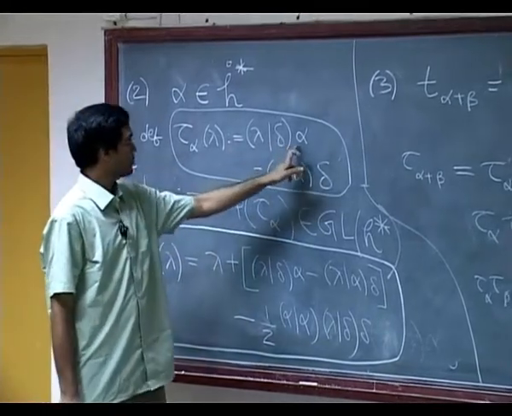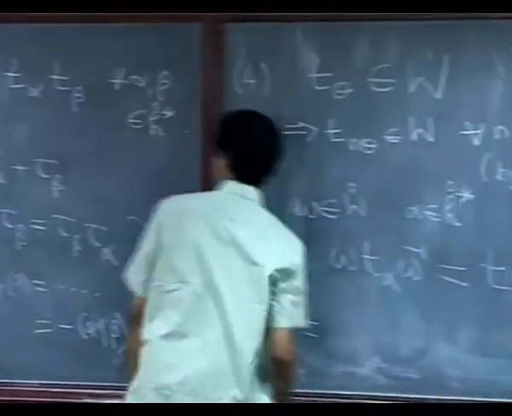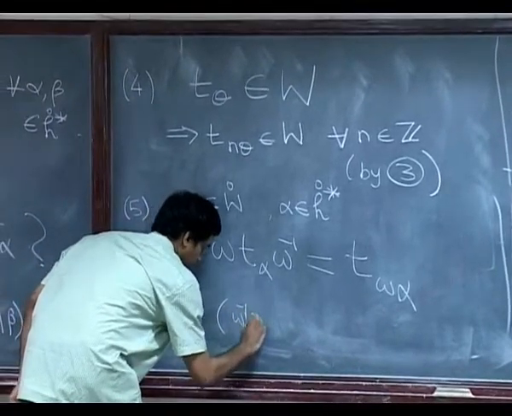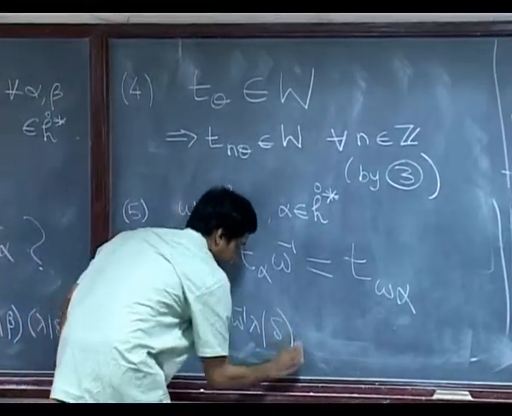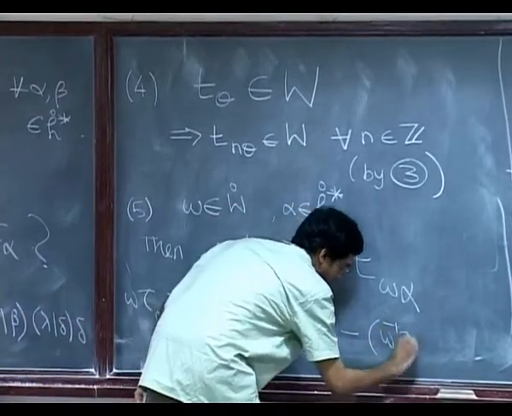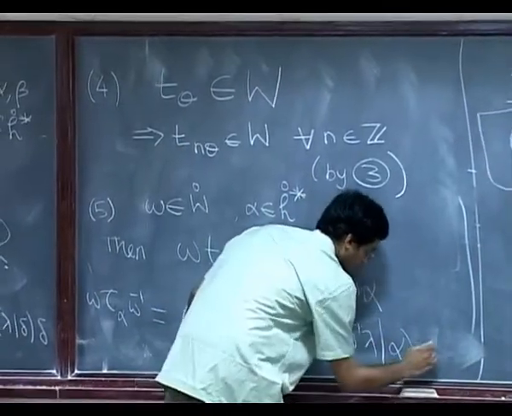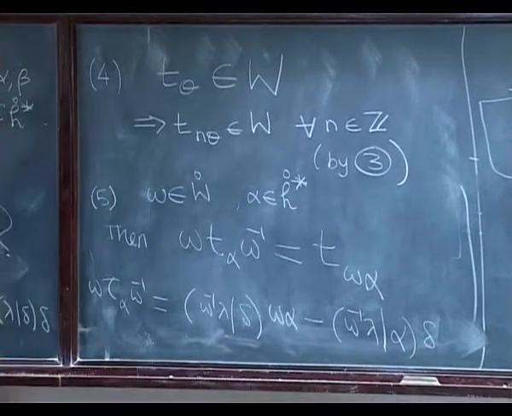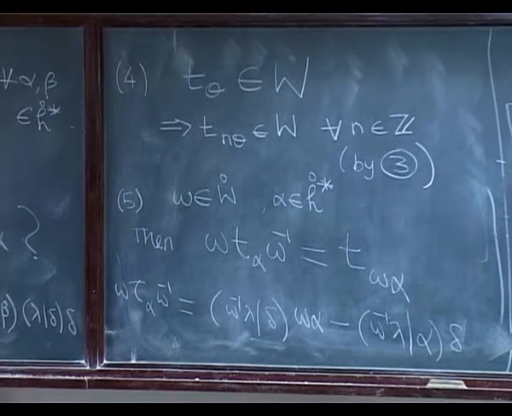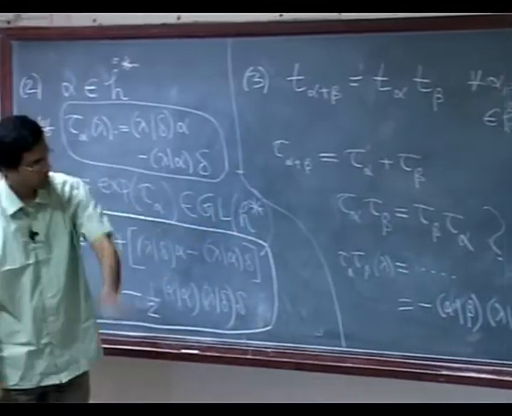So the lambdas get replaced by W inverse lambda, and the alpha gets replaced by W alpha. But W delta is delta, so nothing happens to delta. Is that fine? That's how the tau transforms under this conjugation.